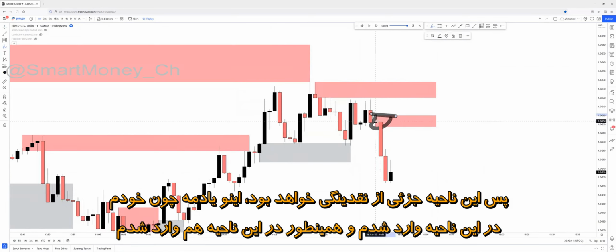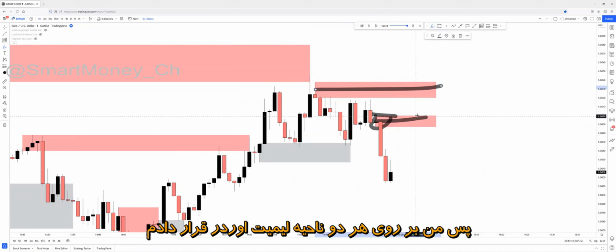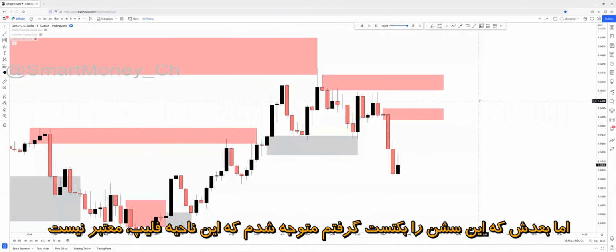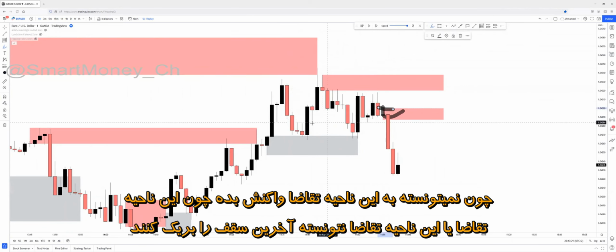I remember this because I entered on this zone already, and on this zone too. So I had a limit order on both of these zones. But after I backtested this session, I realized that this isn't the right flip zone, because as you can see, this demand zone couldn't even break above this last high point.